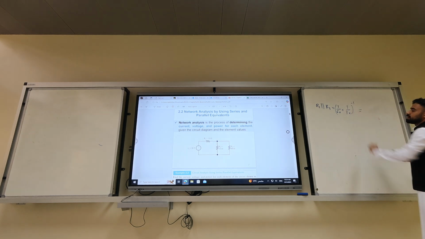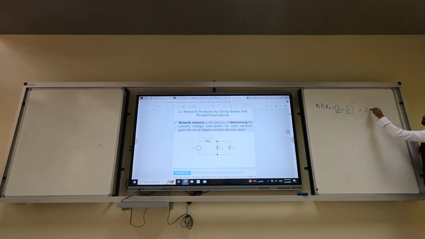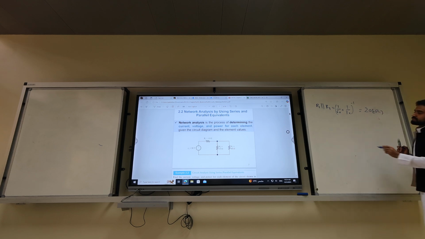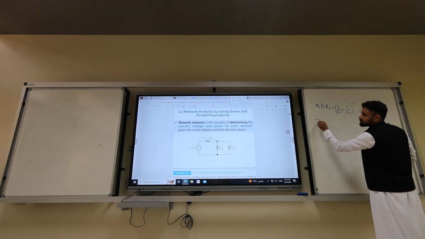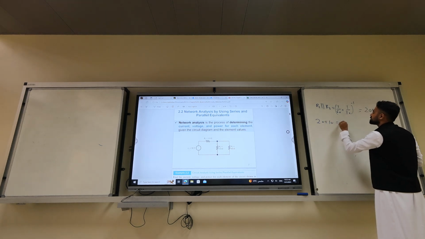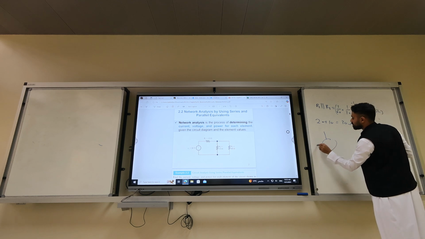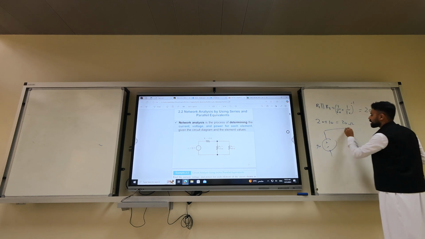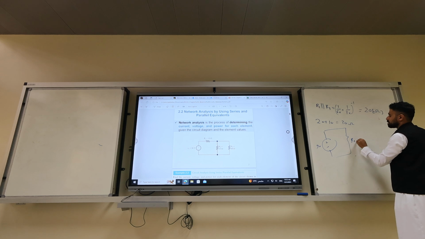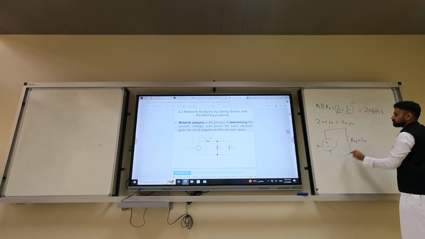Inverse. Don't forget the units, put them in brackets. So 20 plus 10 is 30 ohm. So you can simplify the circuit to be 90 volts over R equivalent, which is 30 ohm.